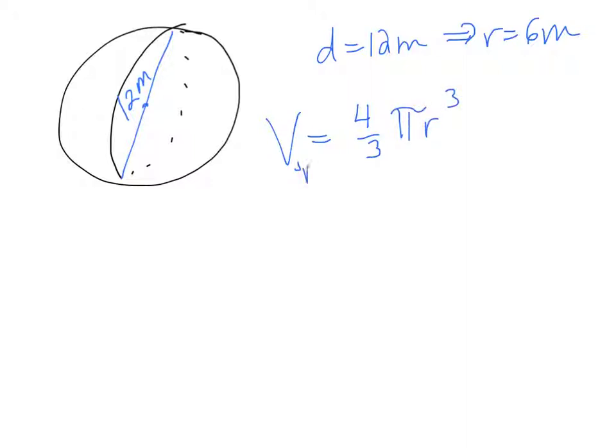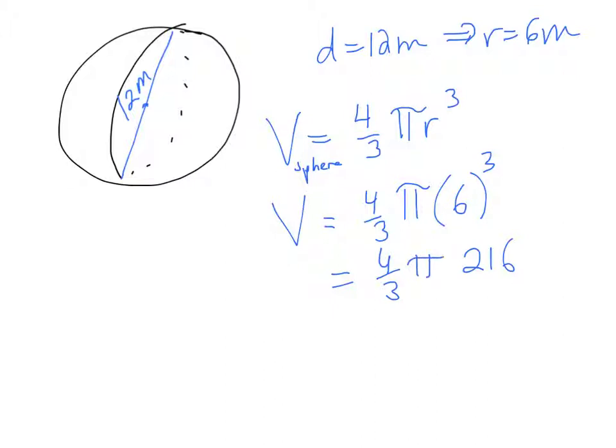We know the volume of a sphere is 4/3 pi r cubed. Now all we need to do is just plug in a 6 for the radius. If we were to use PEMDAS here, we need to figure out what 6 cubed is first, and that'll be 36 times 6, which is 216.